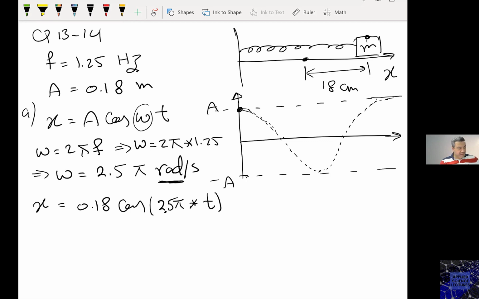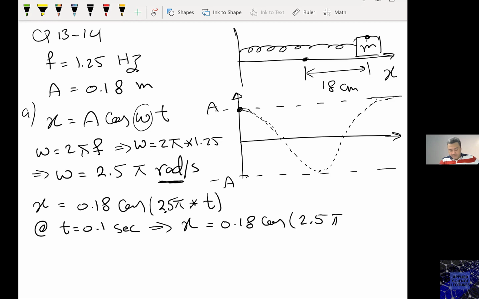Now at t equals 0.1 seconds, I have x equals, now this one is going to be radians.